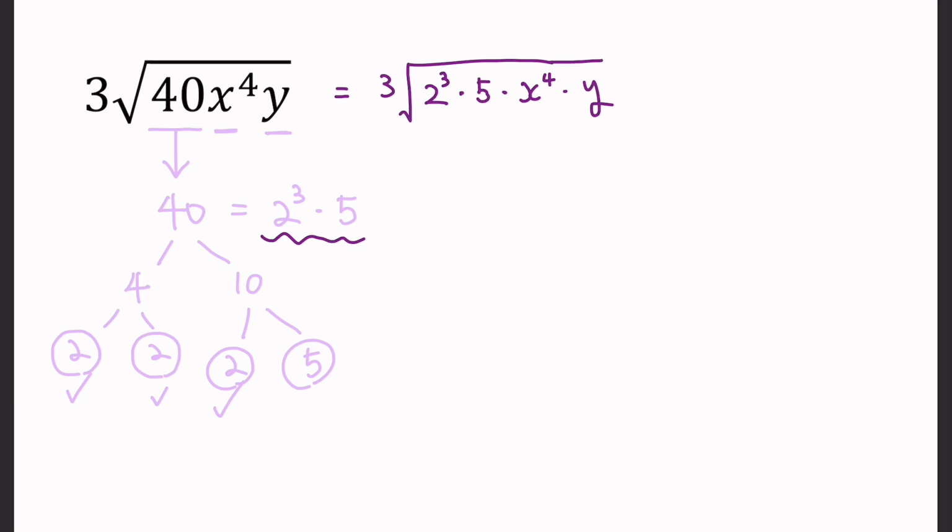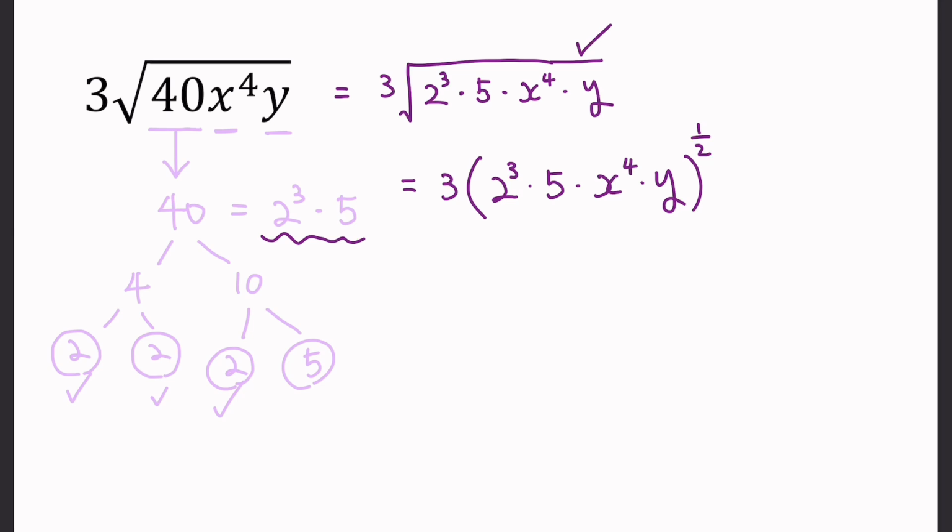From this expression, I'm going to get rid of the square root sign by turning it into a power of 1/2. So if I do that, I'm left with 3, and then I'm going to put giant parentheses there: 2 cubed, 5, x to the 4, and y. And then I'm going to put all those numbers and raise them to the power of 1/2.